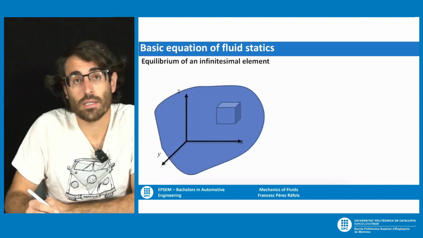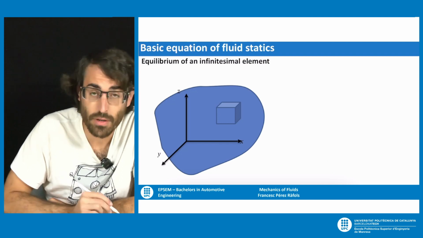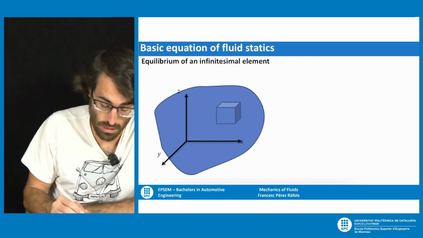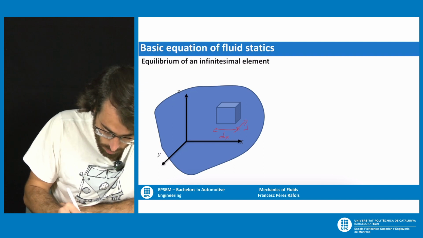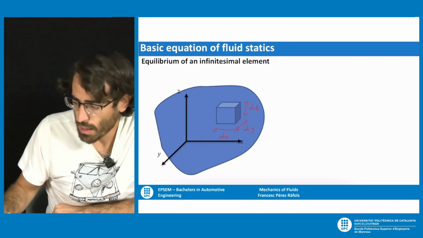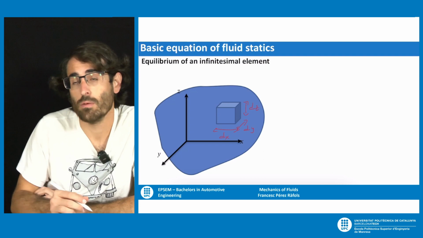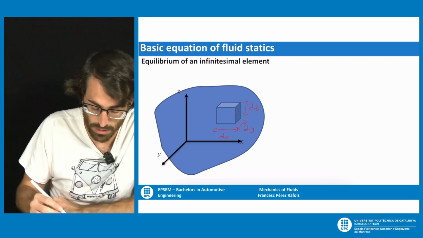For that, I will consider this fluid region, and from it we will carve a little cube that we will term an infinitesimal element. This will have dimensions dx, dy, and dz. Although we're plotting it here quite big, we have to imagine that this is really a tiny part of the fluid.